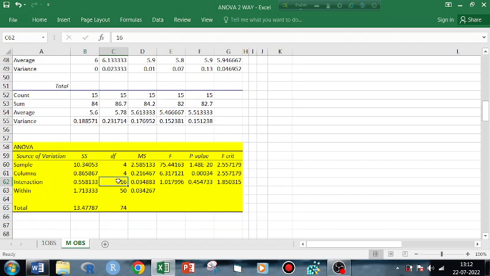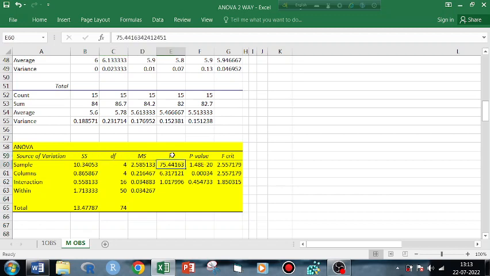The DF for the interaction is obtained by multiplying the DFs of these two factors, that is 4 into 4 gives us 16, and 74 minus 16 plus 4 plus 4 gives us 50. That's the degrees of freedom for the error. Now the MS is the mean sum of squares. It is obtained by dividing the sum of squares by the corresponding DFs. So that's it.